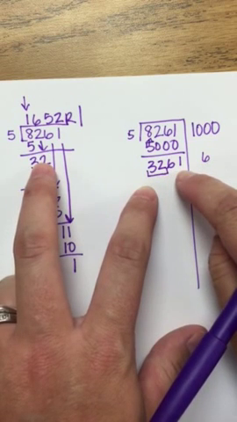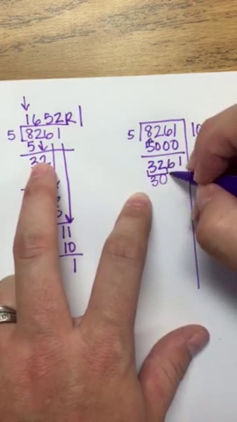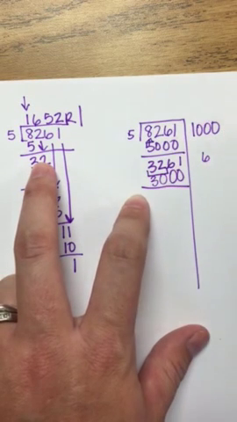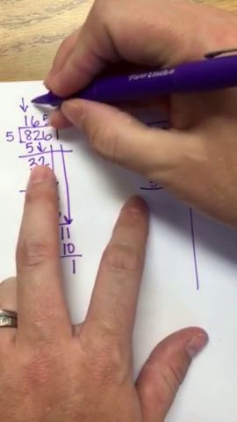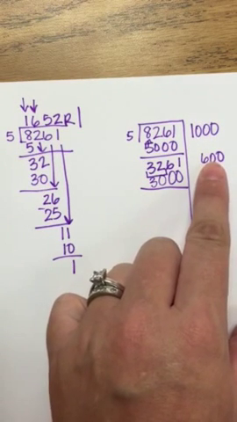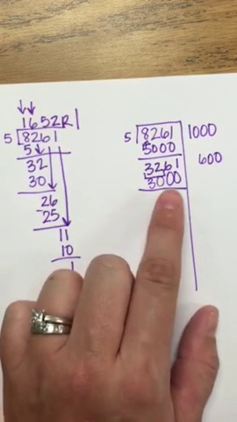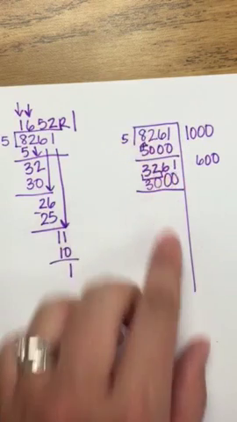This is 3,200. So when I put my 30 in there, it's really a 3,000, and that's a 600. So again, here's your 6 having a value of 600, and here's my 6 with a value of 600. But in the partial quotient, students can actually see what it is they're subtracting and what the values of these numbers are.